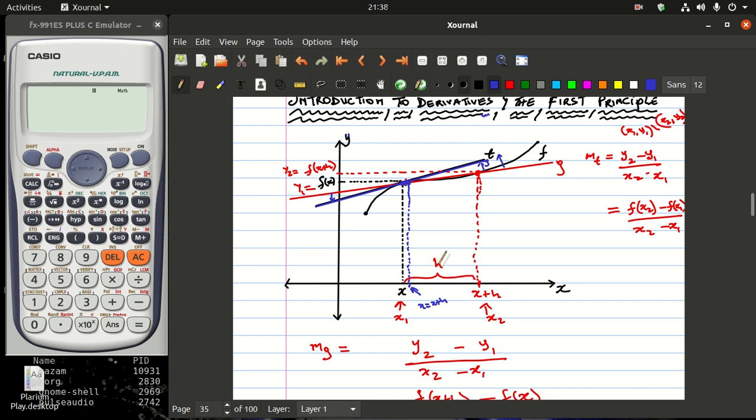Now, if you look at this h here, because h is the difference between x and the new point, our h now is somewhere there. So this h here has been reduced. In other words, this h keeps moving and is becoming closer and closer to 0. Let me repeat what I'm saying here.